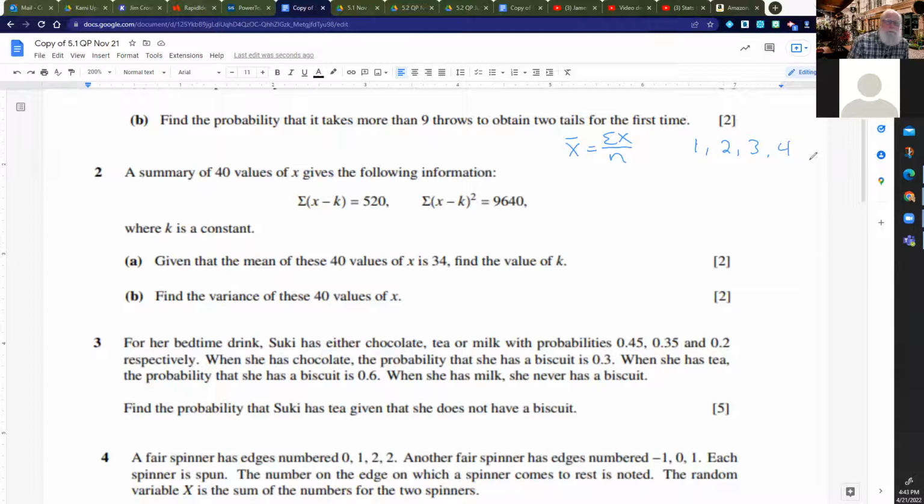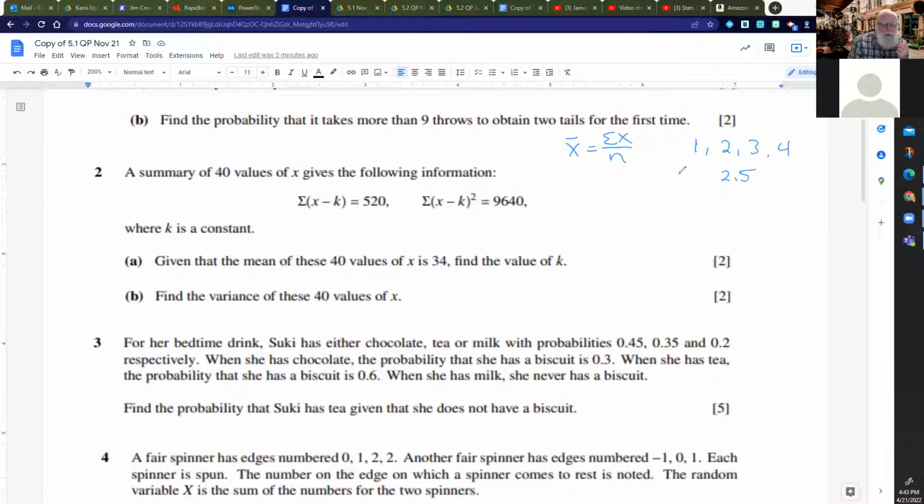You got all of them, right? Add them up and divide by 4. What do you get? 10 divided by 4. We get 5/2 or 2.5. Right, 2.5.